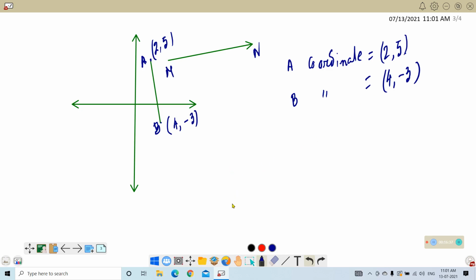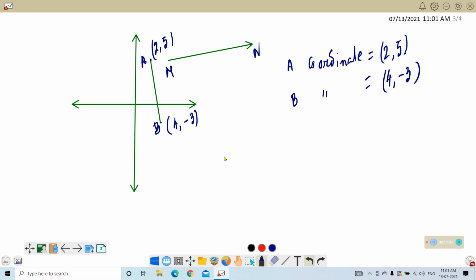Any 2 points, the point may be situated at any of the quadrants, maybe either in first quadrant or second quadrant or third quadrant or fourth quadrant. 2 points may be joined to form a straight line.